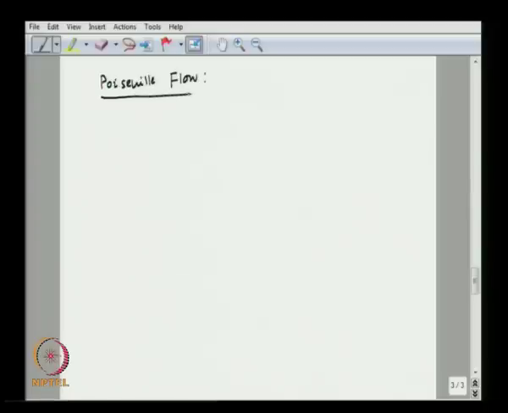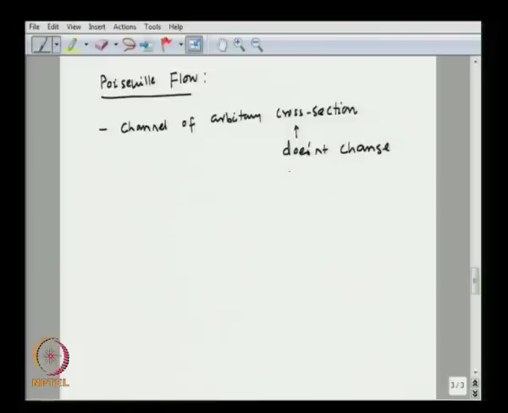Okay. So, here we talk about channel of arbitrary cross section that does not change along flow direction. So, the cross section does not change along flow direction.